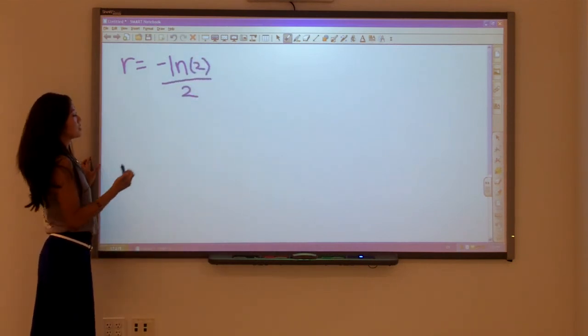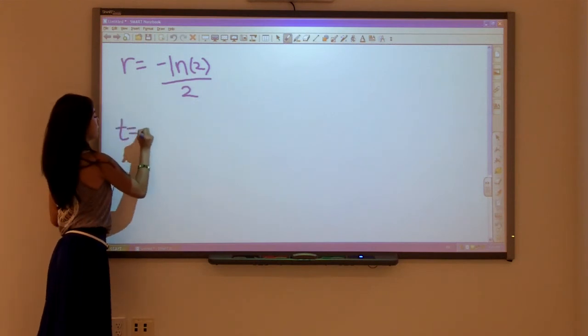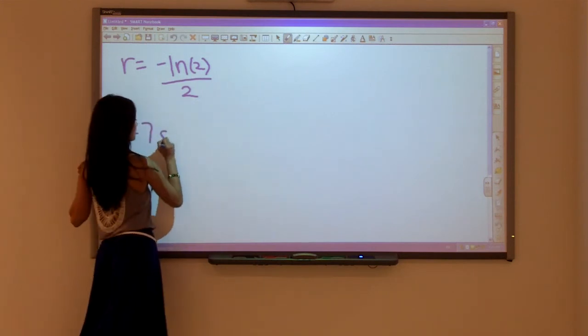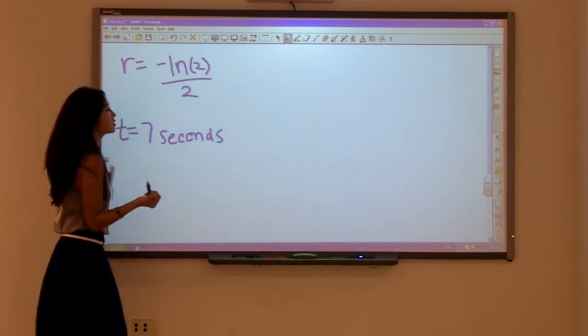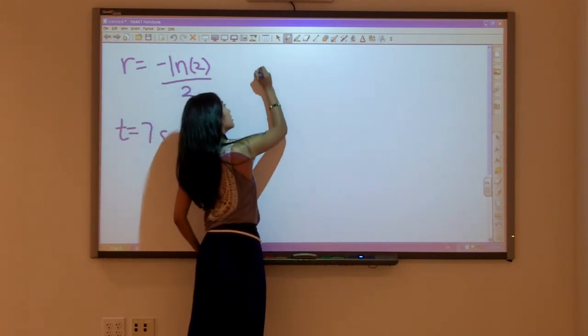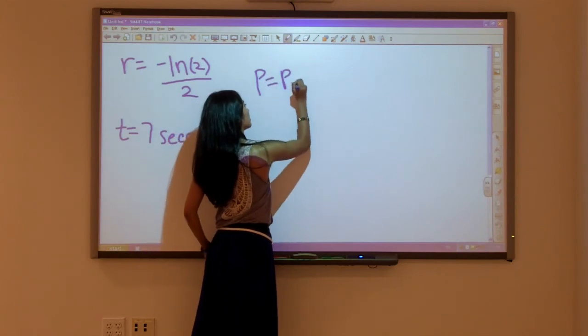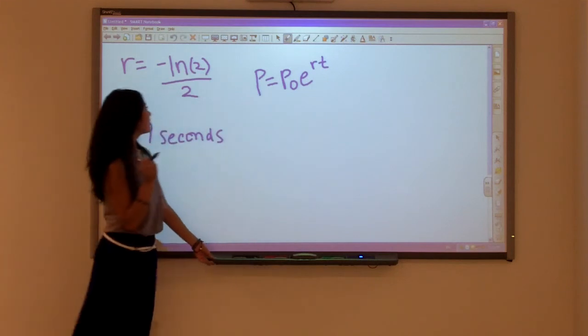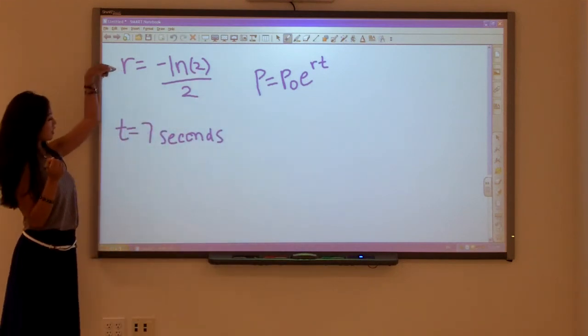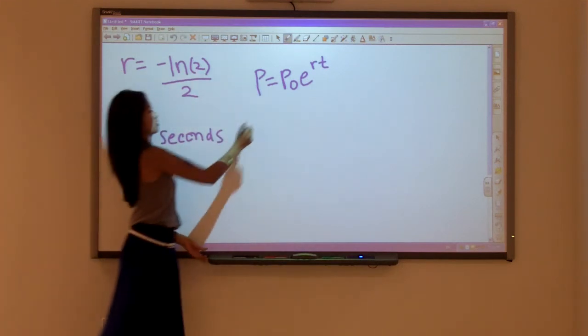And they want to know how much is left after 7 seconds. So our regular equation is that. All I have to do is plug in the rate and plug in the time.